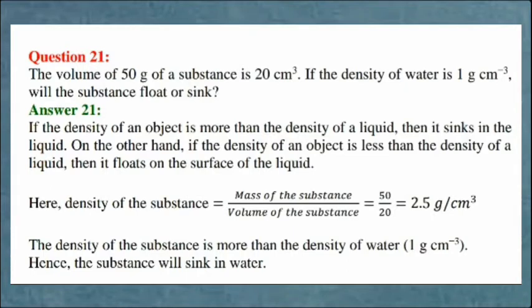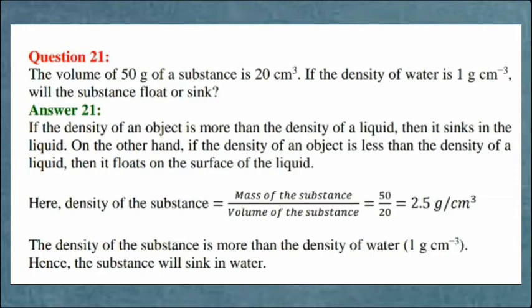The volume of 50 gram of substance is 20 centimeter cube. If the density of water is 1 gram per centimeter cube, will the substance float or sink? So our question is to find out, will the substance float on the surface of water or will it sink down?